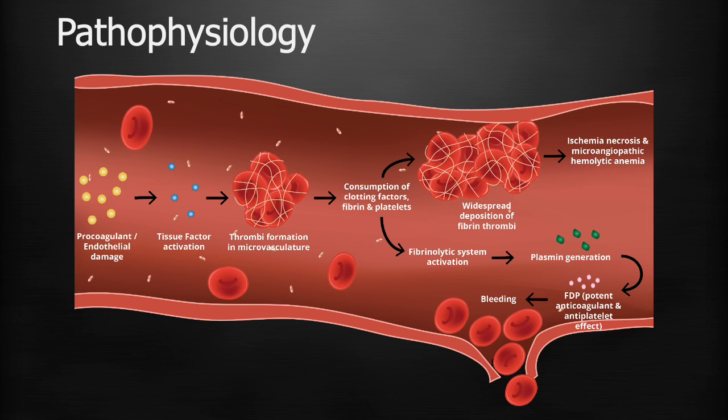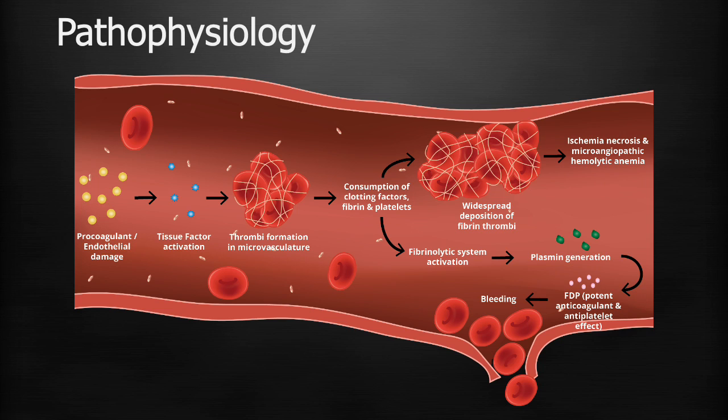These are in sufficient amounts to activate blood coagulation systemically, thereby overwhelming normal hemostatic regulatory mechanisms. As a result, the coagulation cascade is ignited to such a degree that coagulation factors are consumed along with platelets.